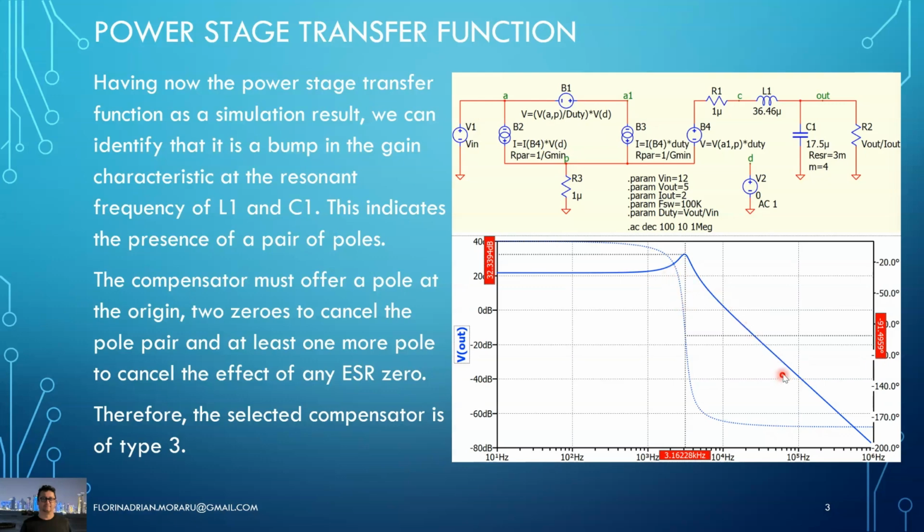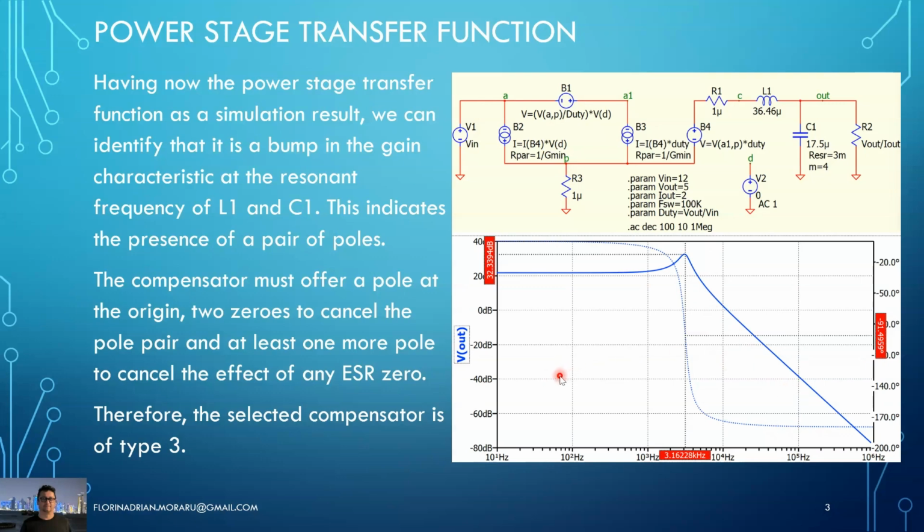And later on we would need at least one more pole to compensate the effect of whatever zero is present in the power stage transfer function due to the parasitic series resistance of the output capacitance. So I just said we would probably need at least two poles and two zeros.